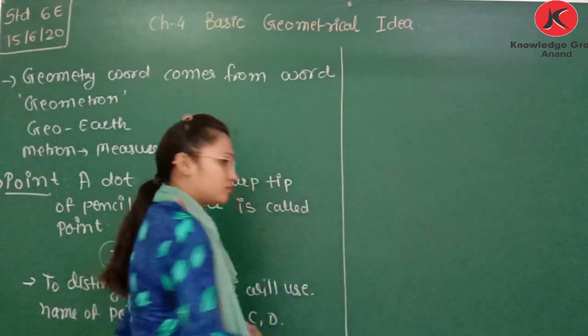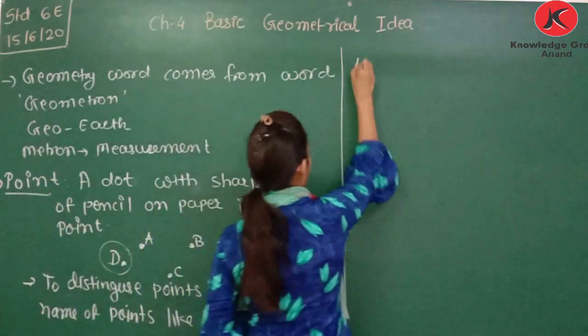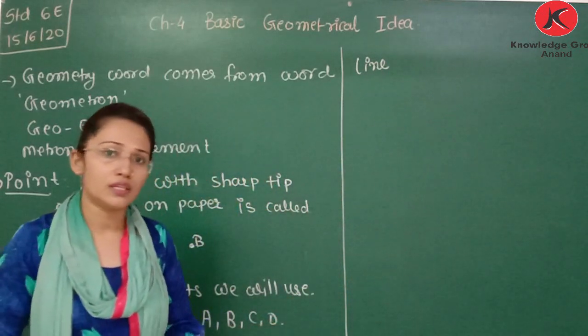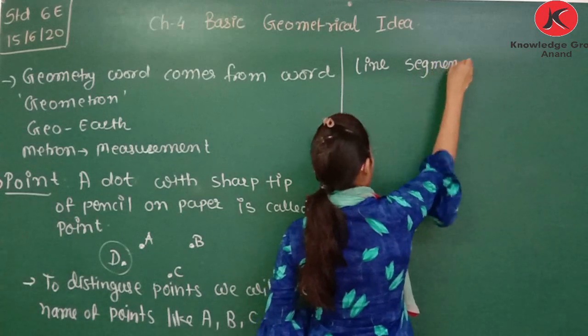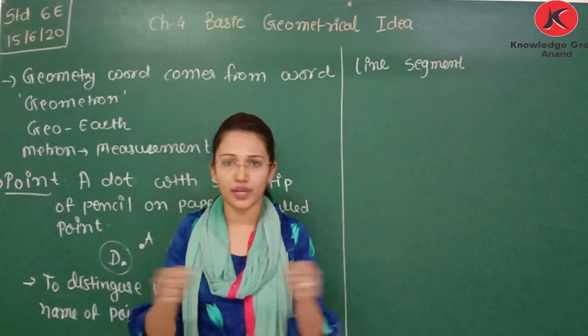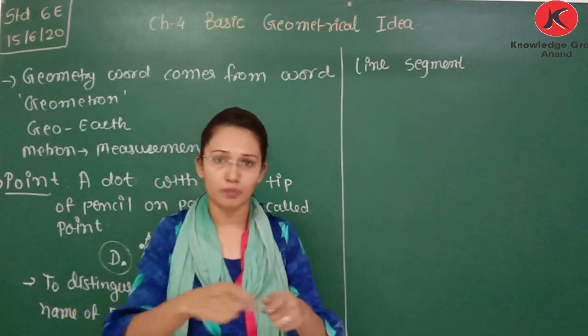After point, there is one more concept, that is line segment. First of all, we will learn line segment and then we will learn line. Now what is a line segment? If you stretch one thread, take a thread and straighten it, that becomes a straight line.